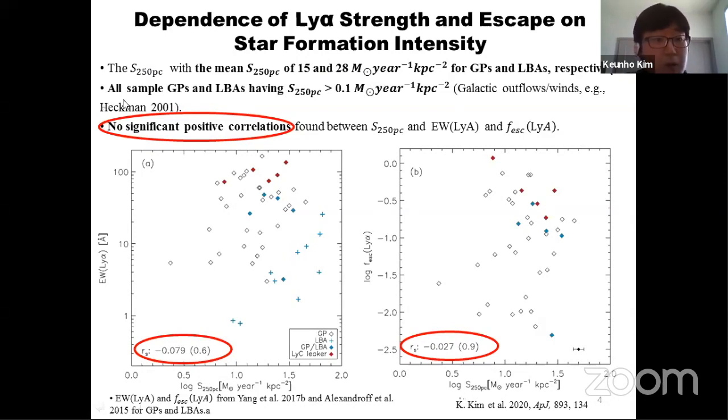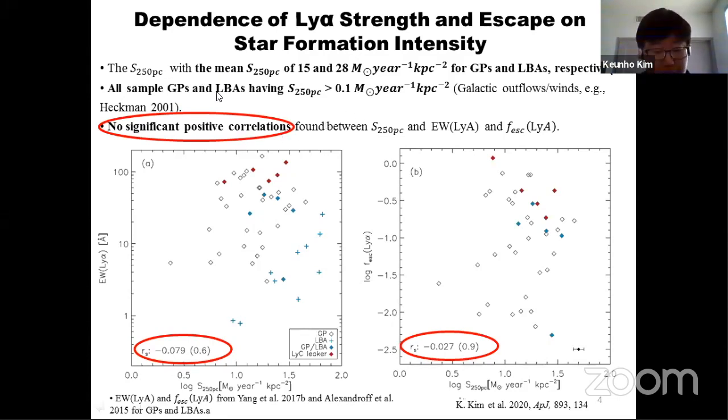And interestingly, all sample Green Peas and LBAs have star formation intensity larger than 0.1 solar mass per year per kiloparsec square, which is a suggested SFI threshold for generating galactic scale outflows or winds.